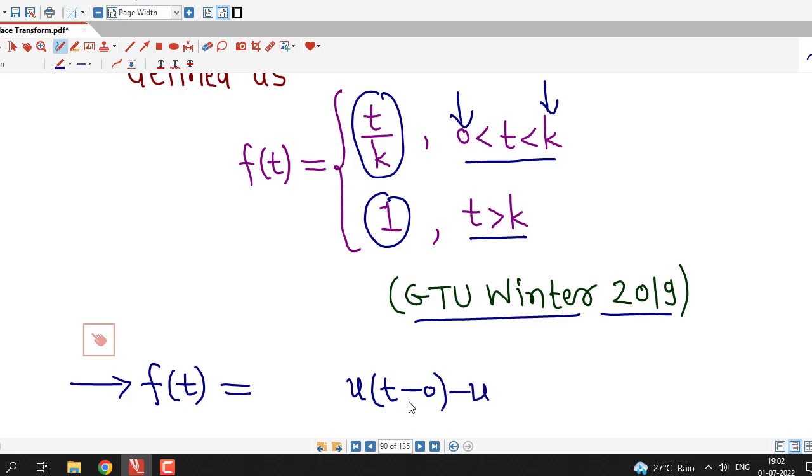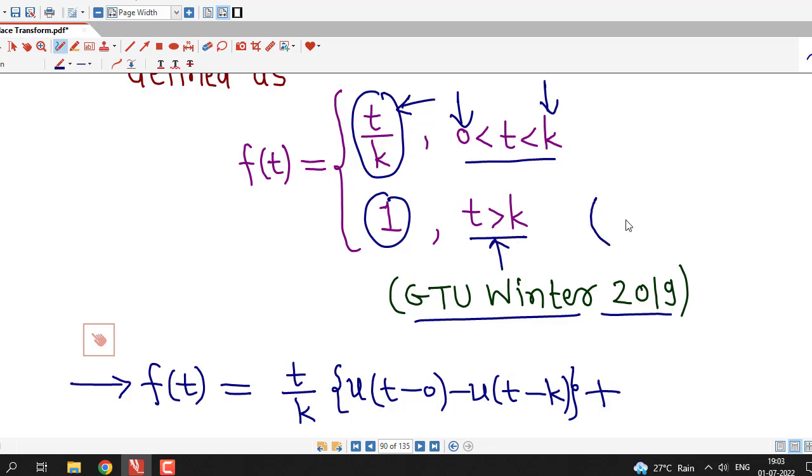Unit step function at the first endpoint, which is 0, minus unit step function at the second endpoint, which is k, and we multiply this difference by the value of the function in that interval, which is t by k, plus we repeat this same process here.